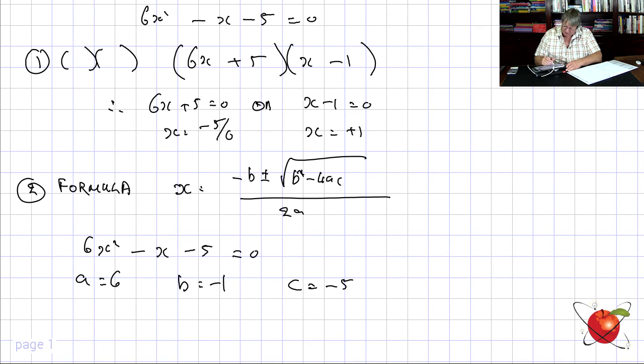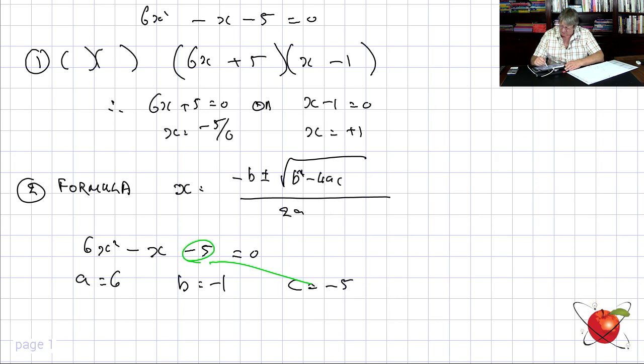Why? Because the coefficient is actually minus 1, isn't it? Let me just tidy this up a bit here. Minus x.